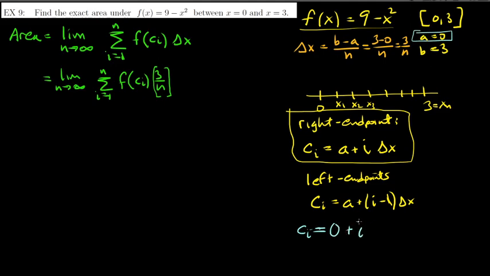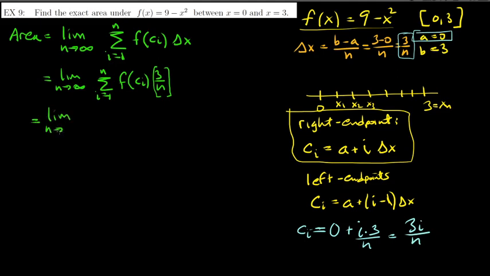We don't know what i is; i is just the ith rectangle, which one we're talking about. It could be 1, 2, 3, 4, 5, and so on. And delta x, we know what delta x is, it's 3 over n. So times 3 over n, so this is really just 3i over n. That's my ci.